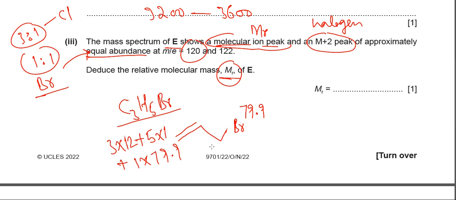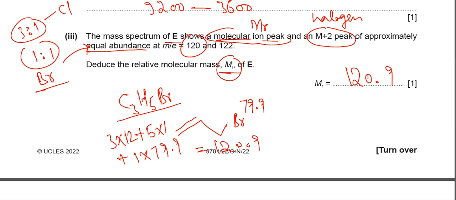Let me calculate: 3 times 12 plus 5 times 1 plus 79.9 times 1. So the answer is 120.9. Hopefully you understand that.